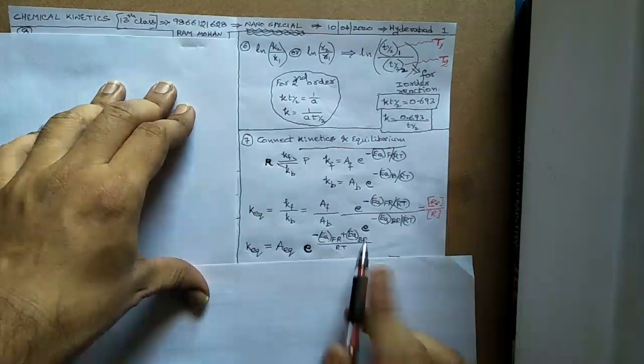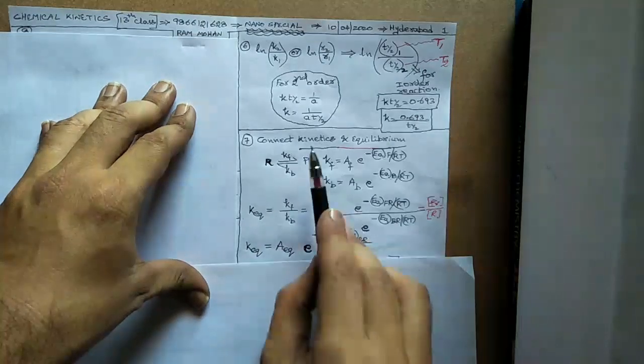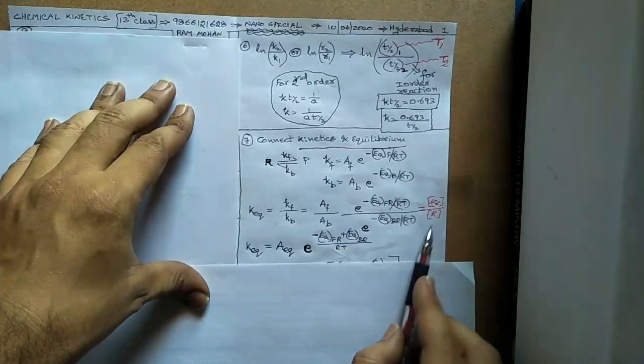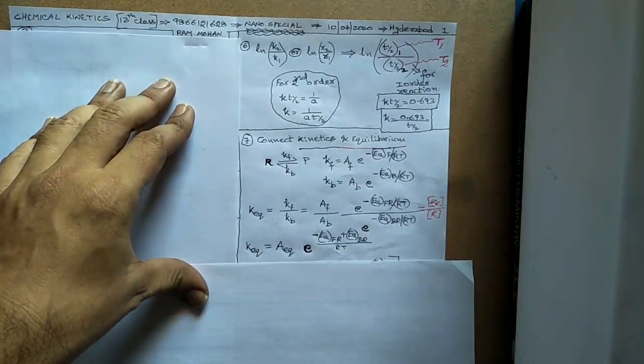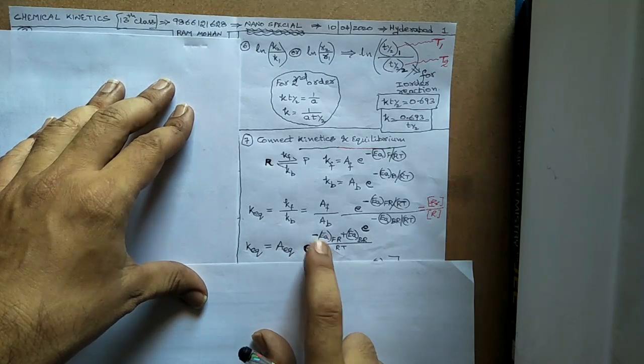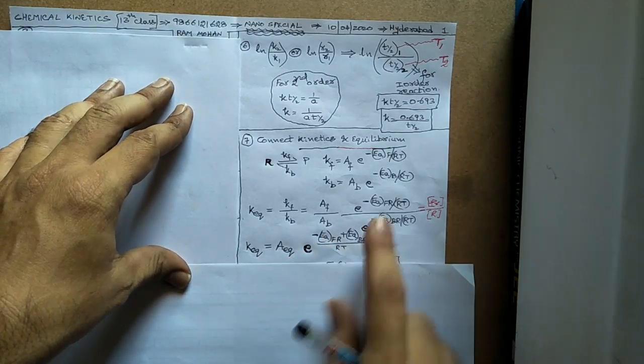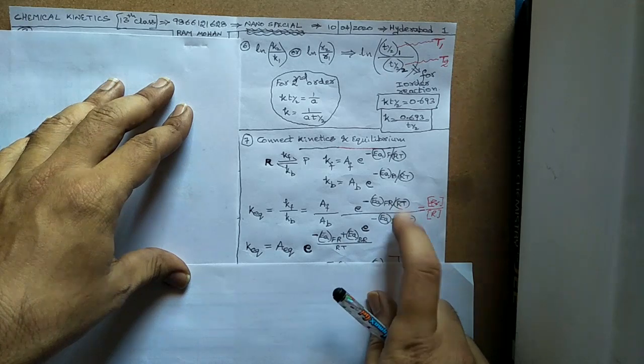Next up. So let's confine ourselves to these things, connecting kinetics and the equilibrium rather than the concentration. So the equilibrium constant is equal to A equilibrium into e power minus Ea forward reaction, which is of the numerator. This becomes plus.